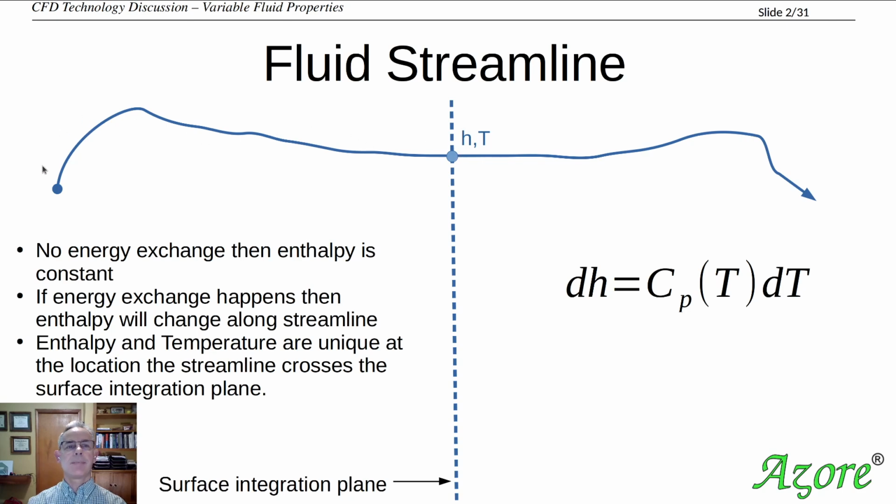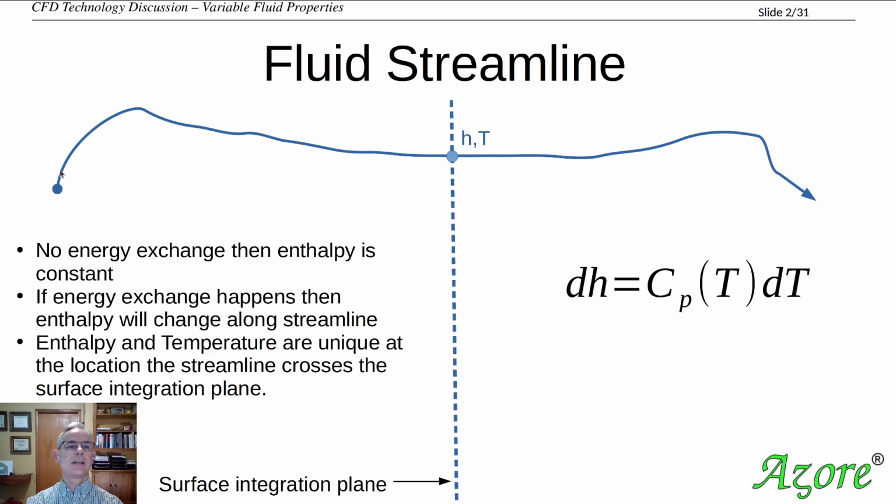And along that path, we can look at the energy level of that mass and the temperature, and the relationship between the energy level and the temperature is through this relationship right over here, where the specific heat of the mass lets us know what the thermal capacity of that fluid mass is, and changes in temperature result in changes in its enthalpy, this H value here.